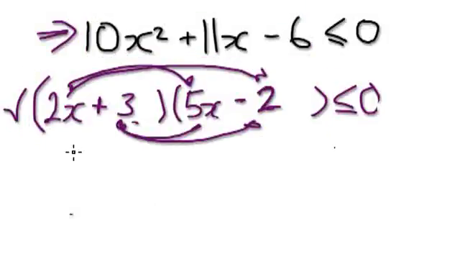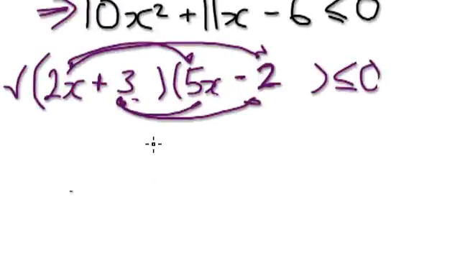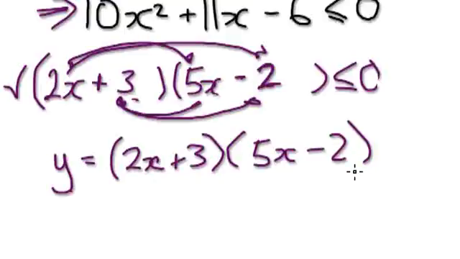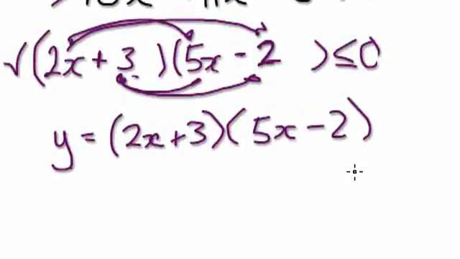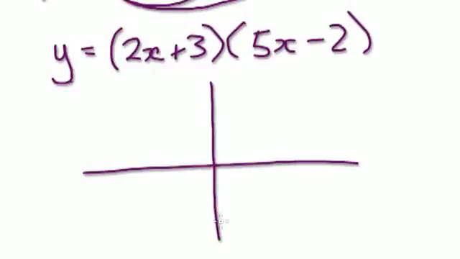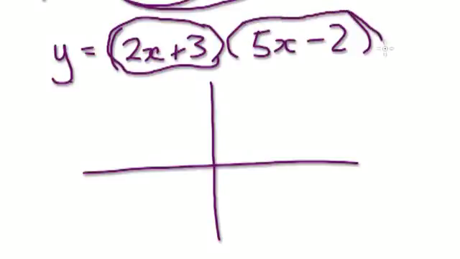Now, once we've factorized it, we can draw our graph of y equals 2x plus 3 times 5x minus 2. We are trying to identify the two roots. At the moment you've got this bubble multiplying with this bubble.